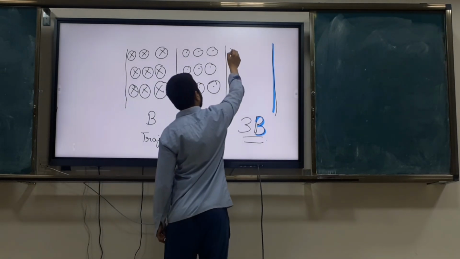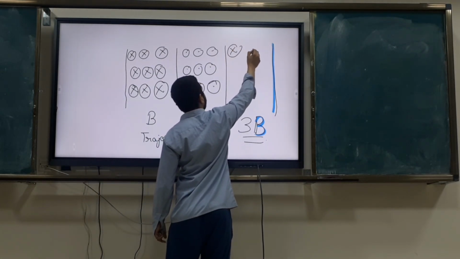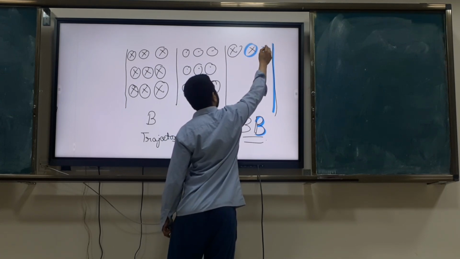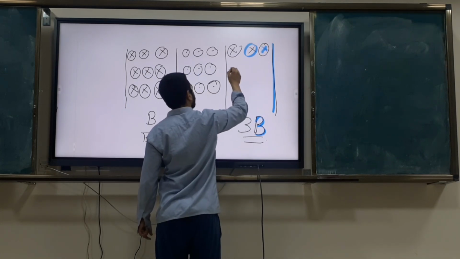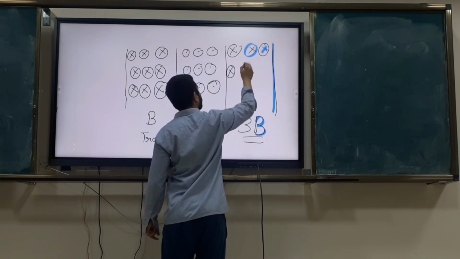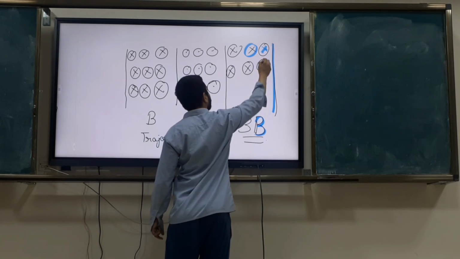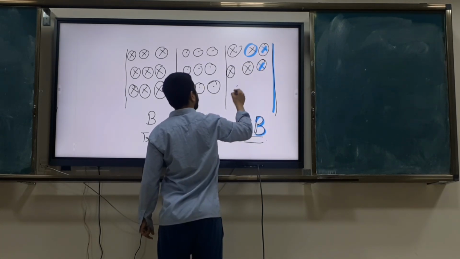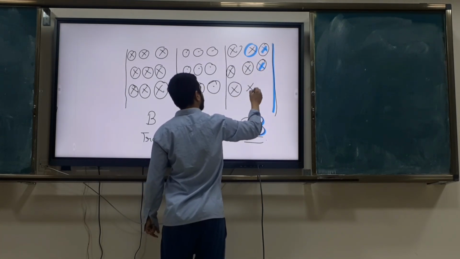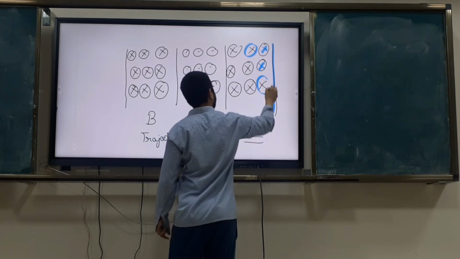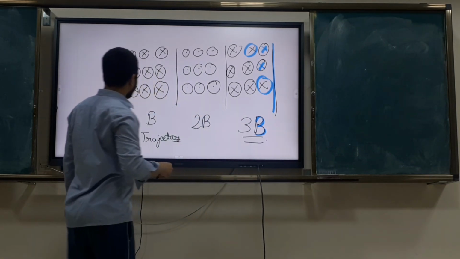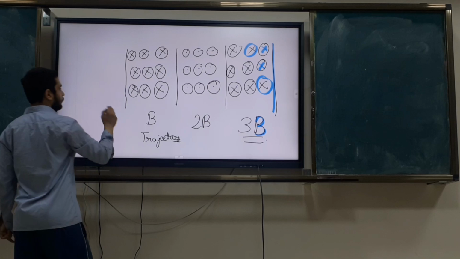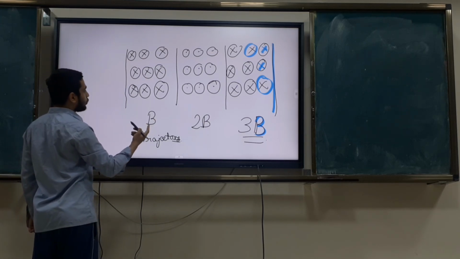And here again the magnetic field, which is 3b, is again inside the plane. So like this the magnetic field magnitudes are given.